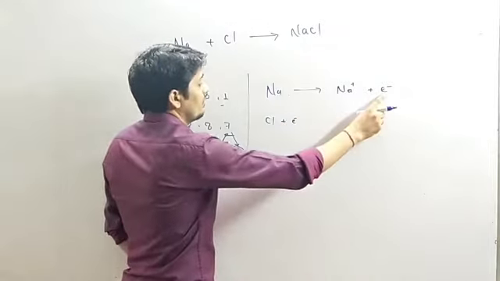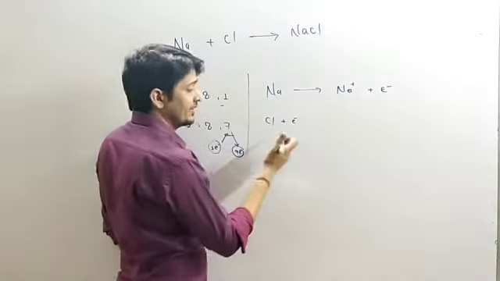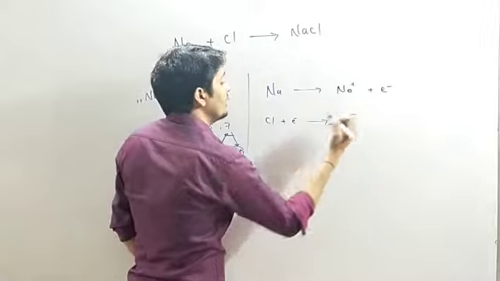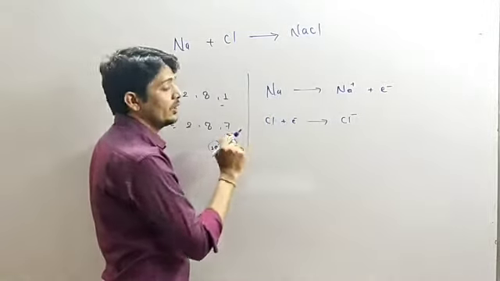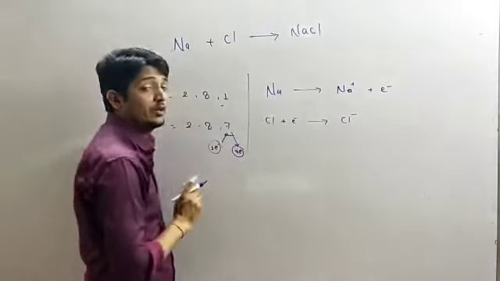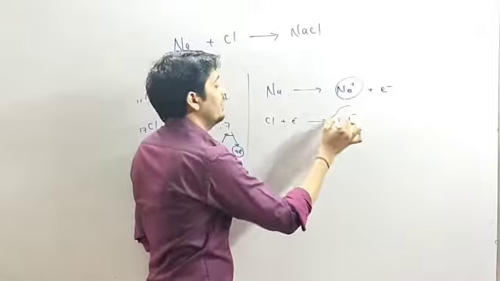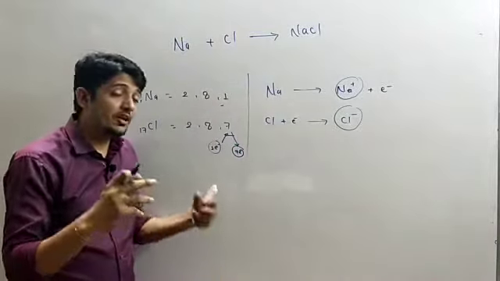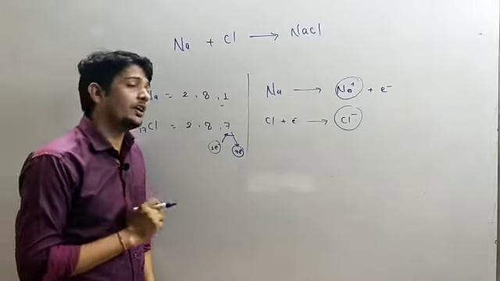This 1 electron which is lost by sodium, chlorine is going to gain it. So chlorine plus 1 electron forms a negative ion. Here we have a positive ion and a negative ion, so they have opposite charges and will attract to form a bond. That bond is called an ionic bond.